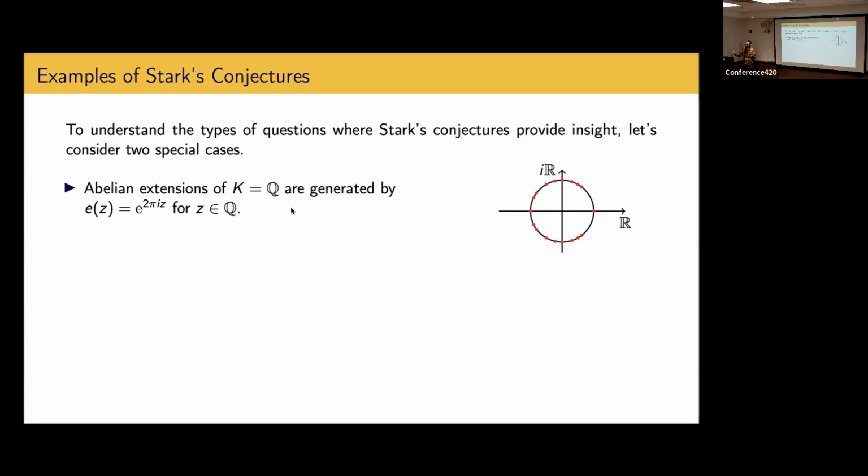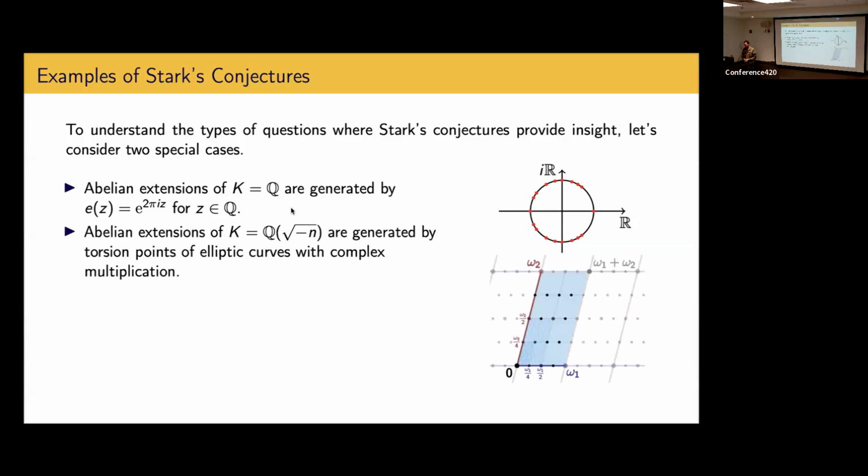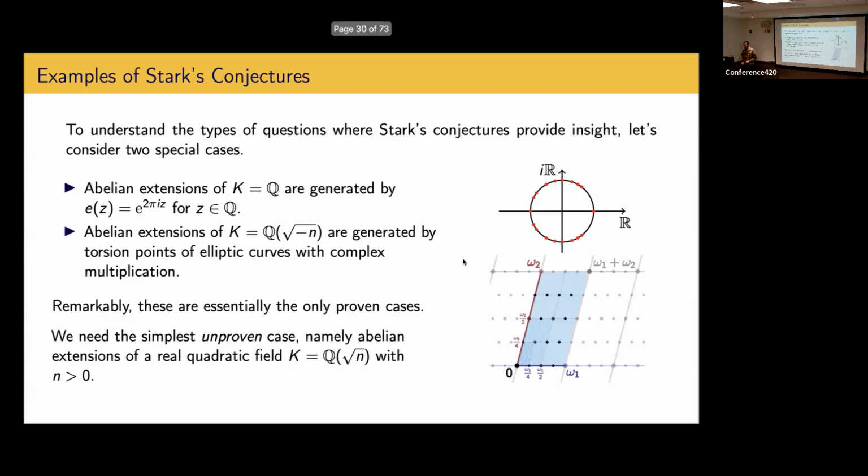So it's kind of mundane in that sense, but these star conjectures are quite deep because they're studying which functions and which points have this property. Okay, so this is a simple example. Another, more complicated example is so-called torsion points of elliptic curves with complex multiplication. You can ask me if you want more detail about that. They come about when, instead of thinking about rational numbers, I think about rational numbers with an imaginary quadratic extension.